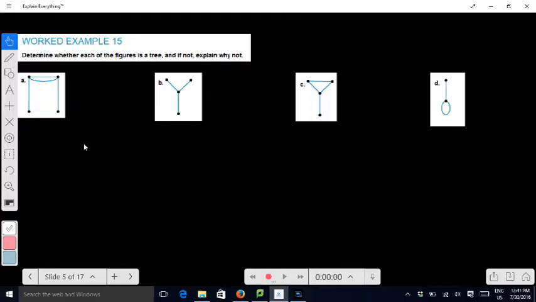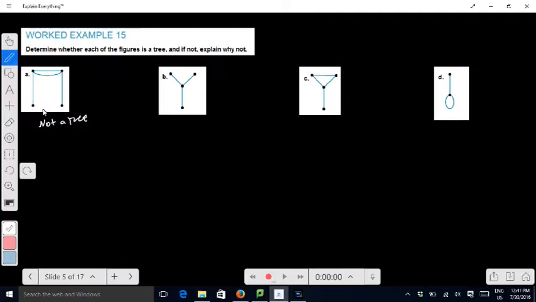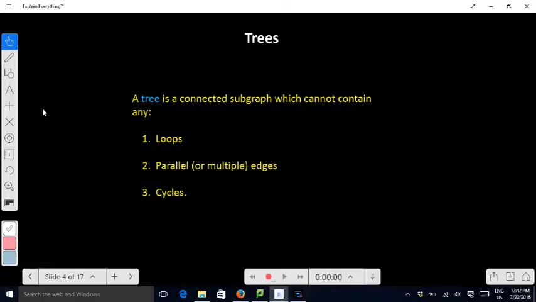So once you've had a go, the first one here is not a tree, because we've got a parallel line up on the top there. This one here is a tree because we've got no parallel lines, no loops, and no cycles.